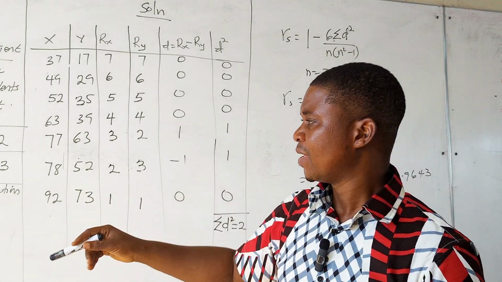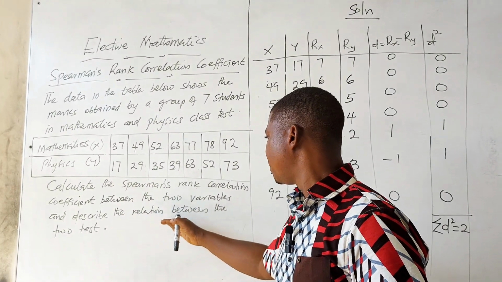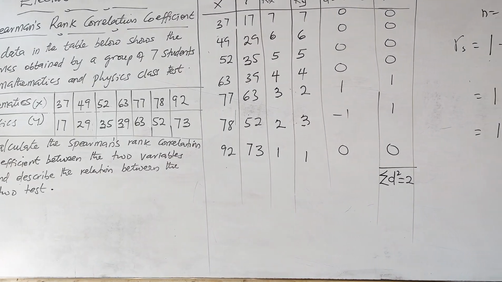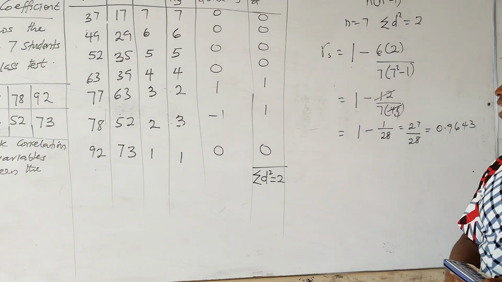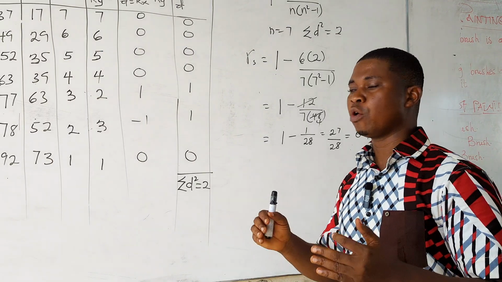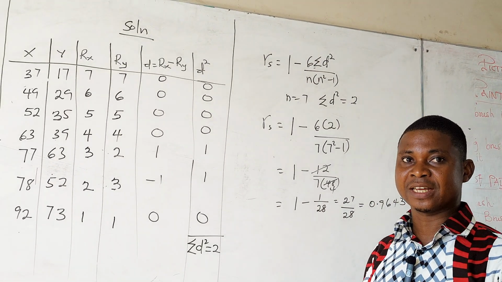After that, the question is asking us to describe the relation between the two tests. Looking at the value 0.964, it means they have a very strong positive correlation because we are having a positive answer.